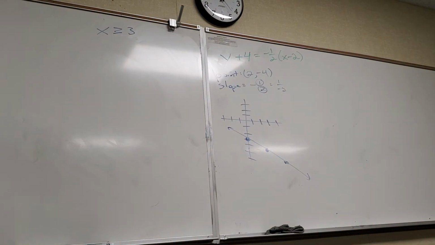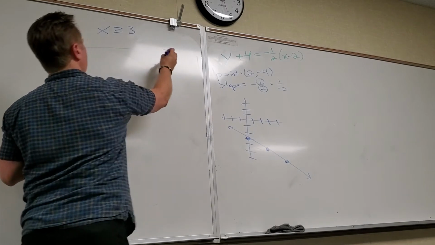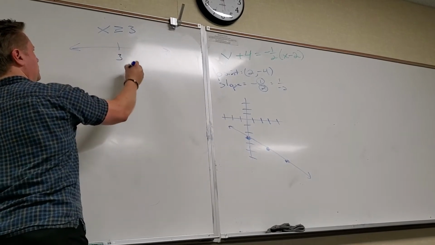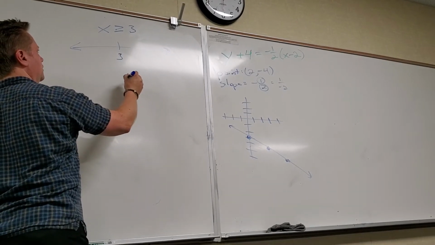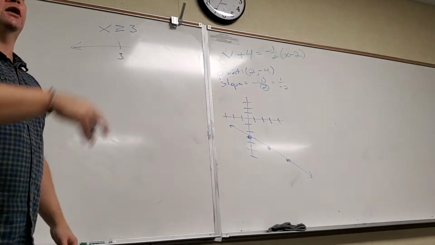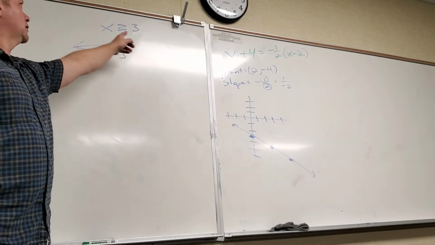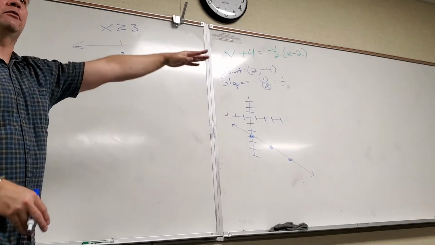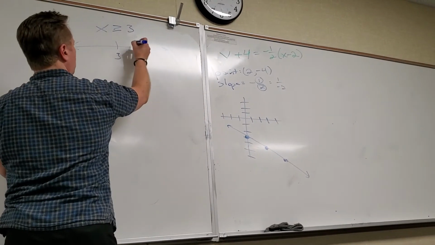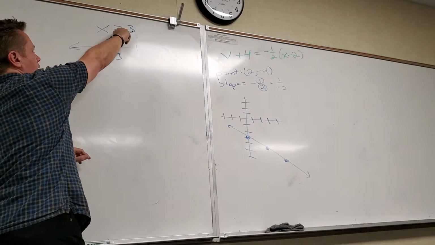So to plot x greater than or equal to 3, to be really honest, I don't care if you use circles or not, but we should be better than that. What symbol would I put on the 3? Which way am I going to shade? Yeah, that way, the way that it's pointing, greater than 3. And why do I shade that way? Because is 4 bigger than or equal to 3?